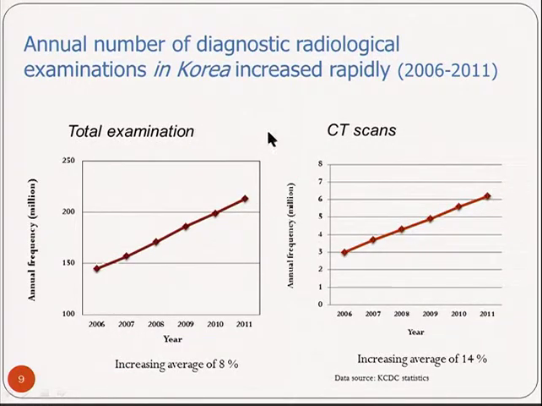But we also have an increasing tendency in the annual number of diagnostic radiological examinations in Korea. This is the statistics from the KCDC. Comparing 2006 to 2011, the total radiological imaging examinations increased an average of 8% per year, and CT scans increased an average of 14% per year.